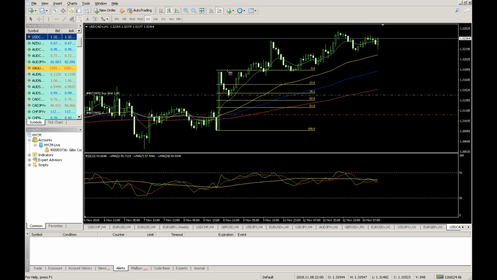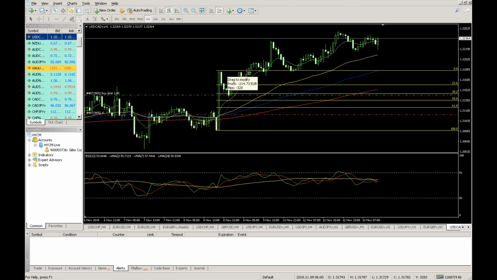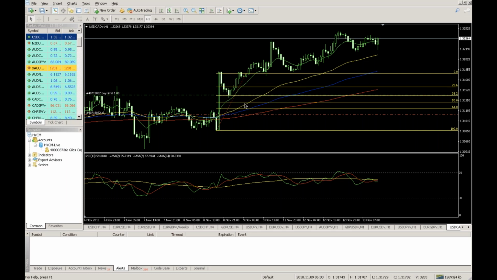So again, you've got your surprise news release. You draw your Fibonacci retracement level from left to right, and now you have a look. Is there any key resistance level? Look there, there's a key level. It chimes in with the 38.2, and there. And this is the entry that I went for, which is here.